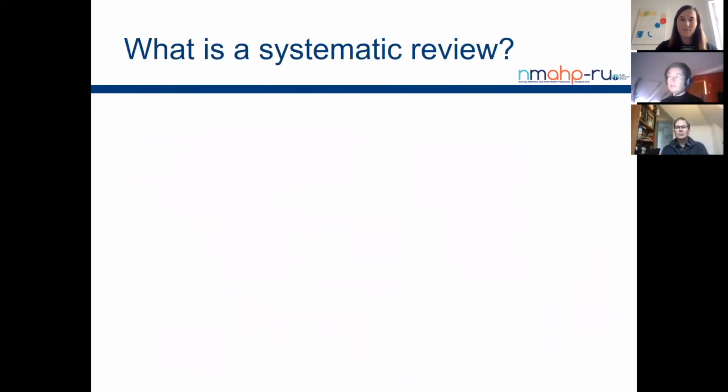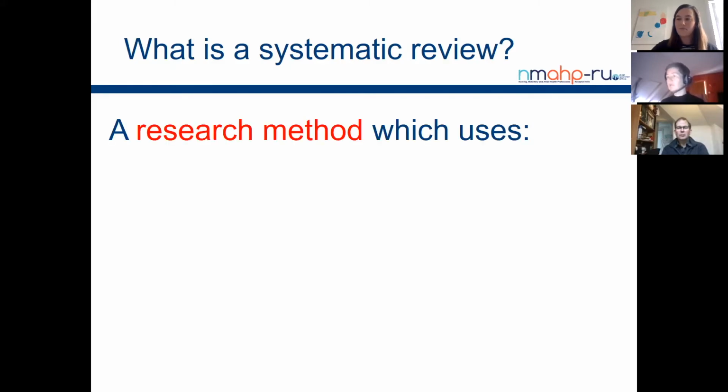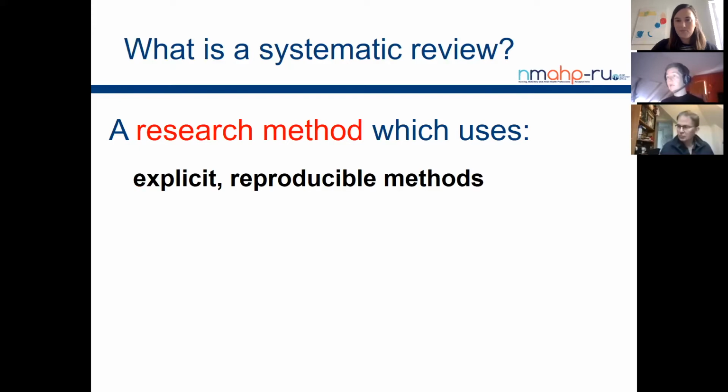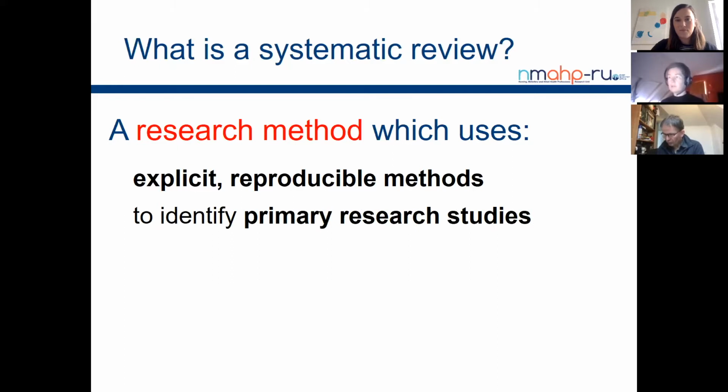So what is a systematic review? Well, the definition that I like to use is that it's a research method, in the same way as a primary research study, such as a randomized controlled trial, is a research method. It uses explicit, reproducible methods in order to bring together primary research studies.